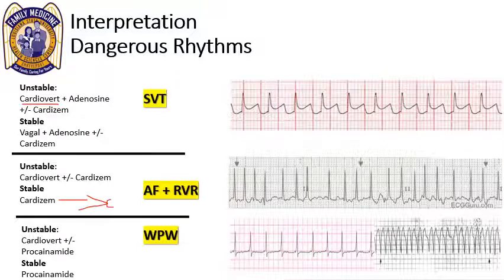Now, the cardizem dose is supposed to be 0.25 mg per kg. Unfortunately, that would mean for our very large patients that you're going to give them 30 milligrams of cardizem. That could be a problem. Cardizem is not a benign drug. You will cause them to bottom out if you give them large doses of cardizem. So the old adage is you can't take it back.